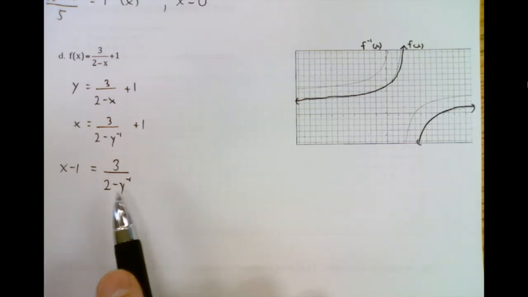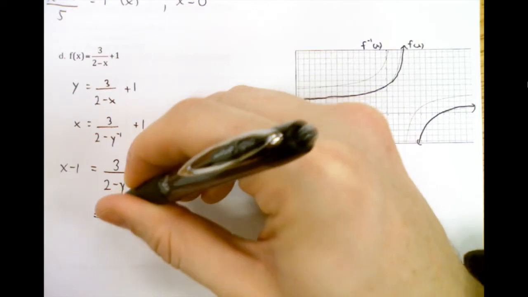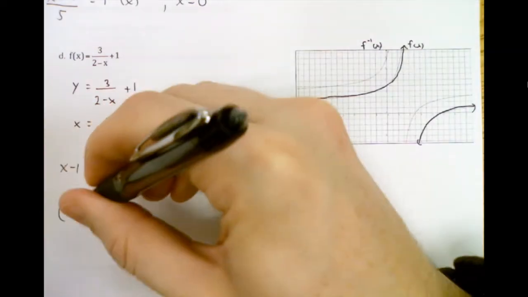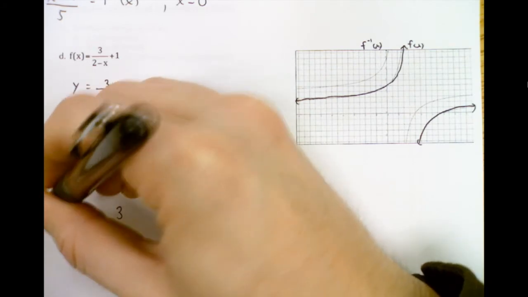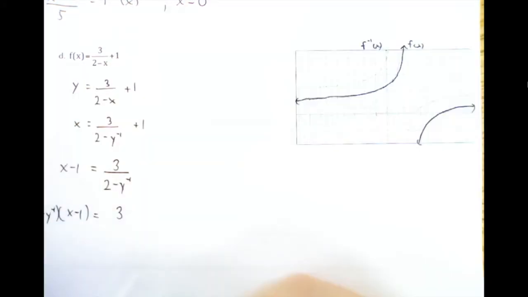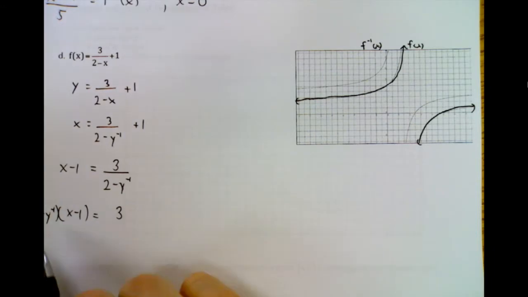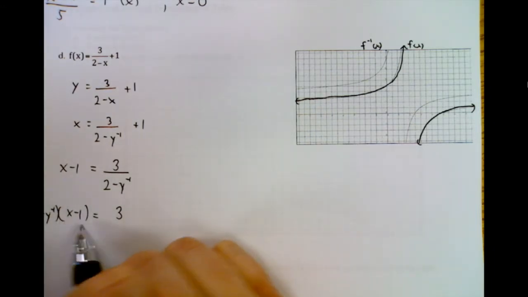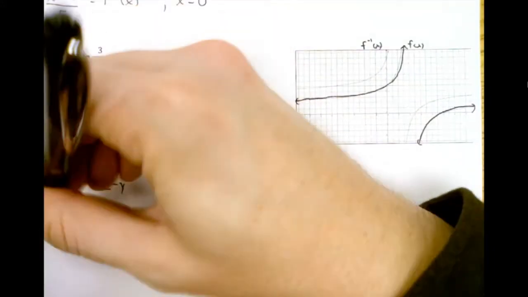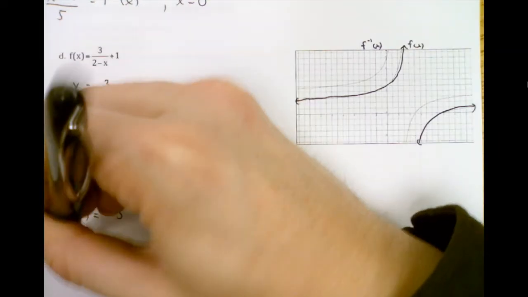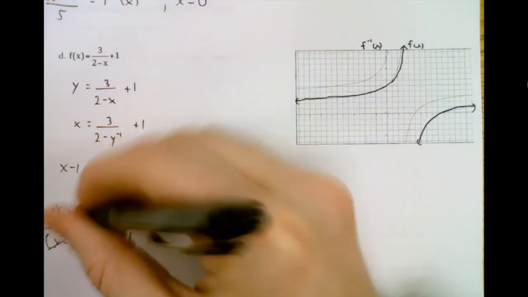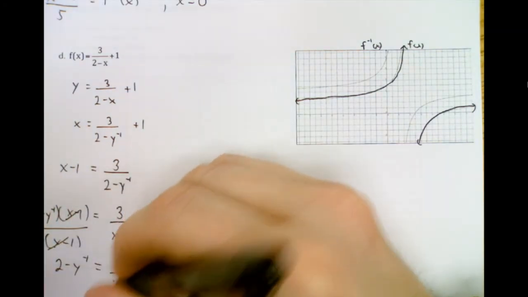To put it on the top, we'd need to multiply both sides by the bottom of the fraction. And if I do that, I get this. And if I want to start isolating for this, I need to get rid of this bracket on this side, and to do that, I could divide. And what we have is that 2 minus y inverse is equal to 3 over x minus 1.